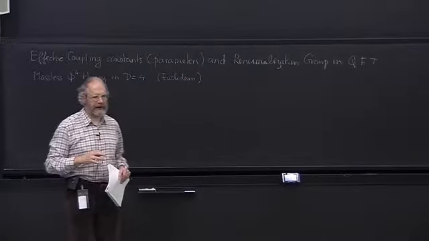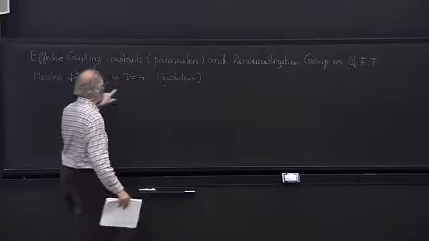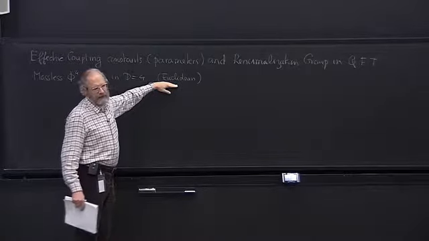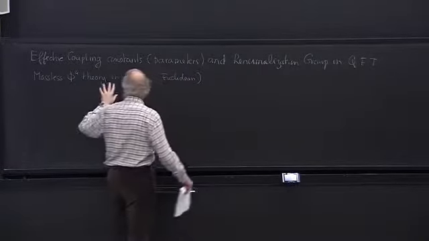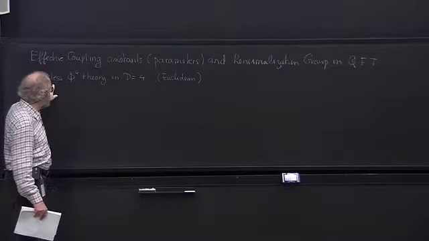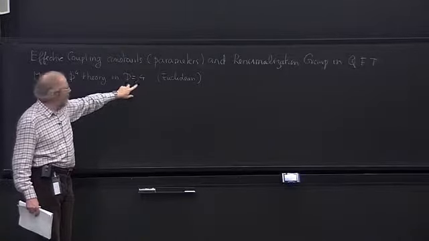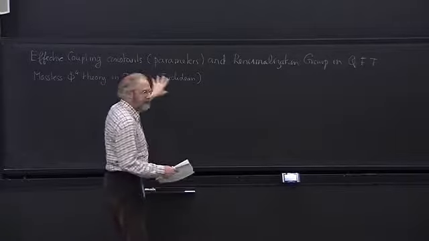So the theory is defined in Euclidean space-time, but the conclusion can be applied to Minkowski space-time as well. And we are going to discuss briefly the case of massive phi4 and maybe what's happening in dimension different from 4.